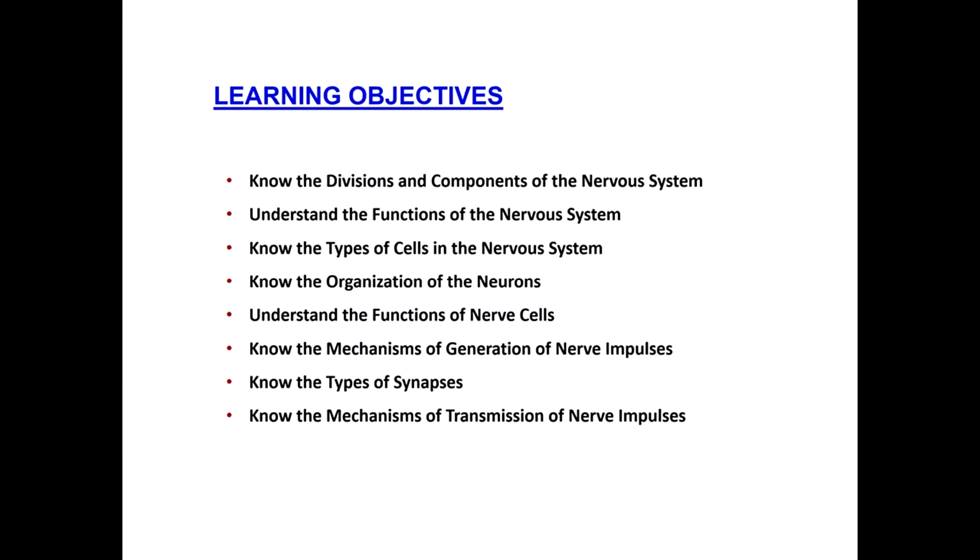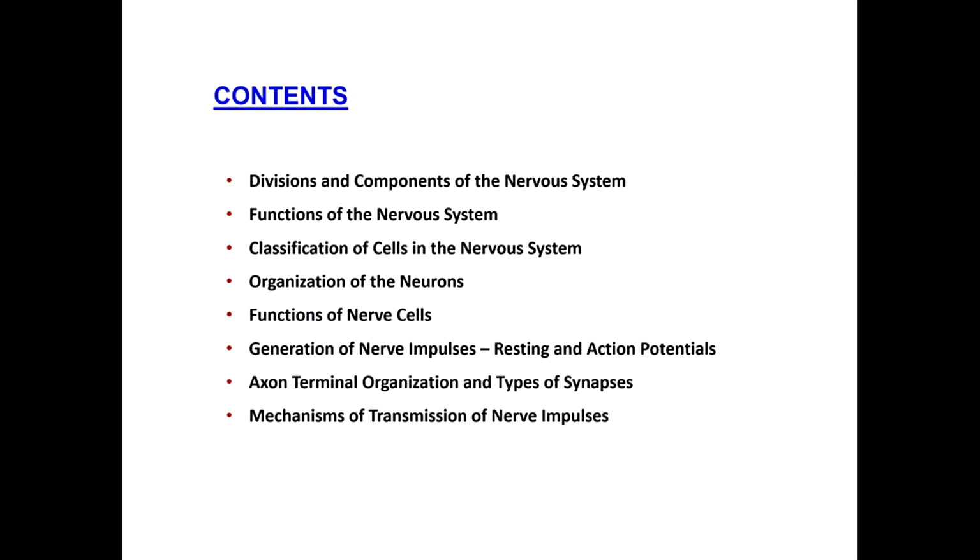So there is a long list of learning objectives, but fundamentally what we want to try to understand is the different divisions and components of the nervous system, the different types of cells and the different functions of these cells, and how they coordinate with each other. So the learning objectives are first, followed by the appropriate contents for the lectures, and this is exactly what we're going to be dealing with.